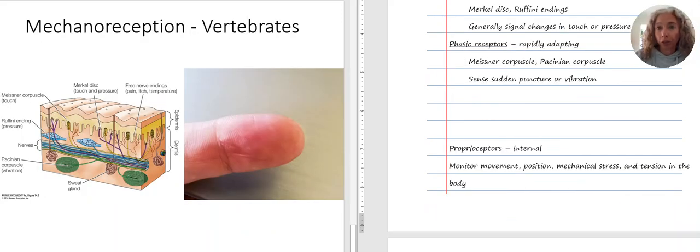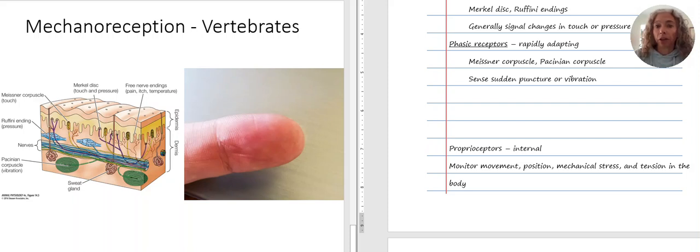When we first introduced this idea of sensory cells, we talked about the external and the internal. The internal interoceptive mechanoreceptors are called proprioceptors. And these are going to provide information about our internal organs and muscles to our central nervous system for interpretation.